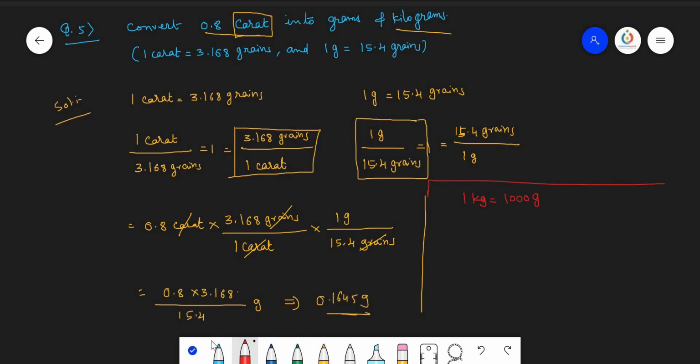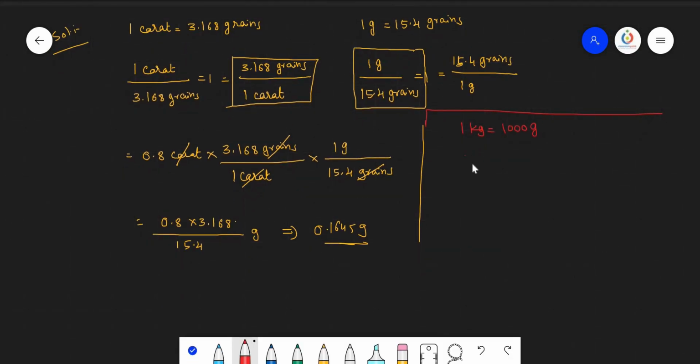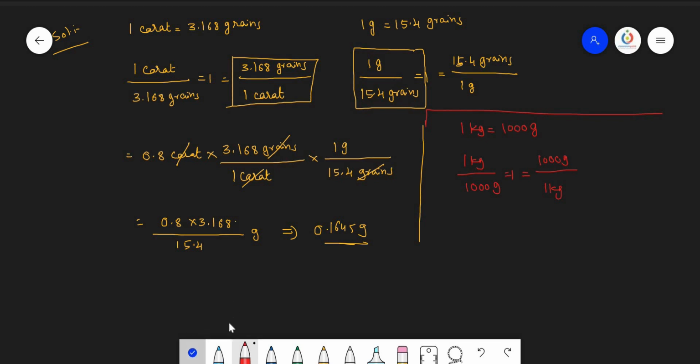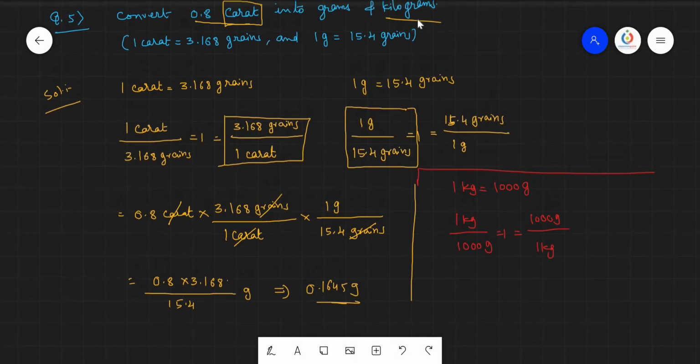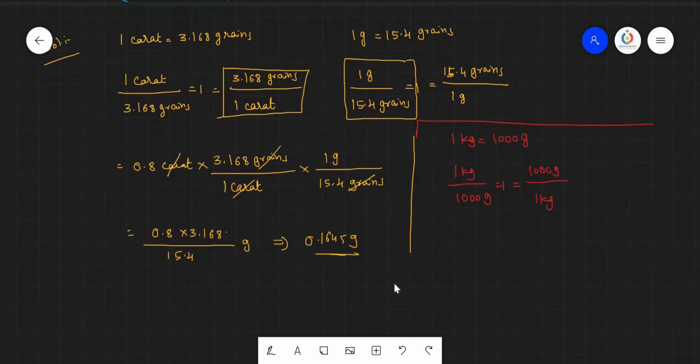So again develop the factor for this. 1 kg divided by 1000 grams equals 1, and 1000 grams divided by 1 kg also equals 1. We want the final answer in kg, so the numerator value must be in kg, and we want to cancel the grams, so grams must be in the denominator.